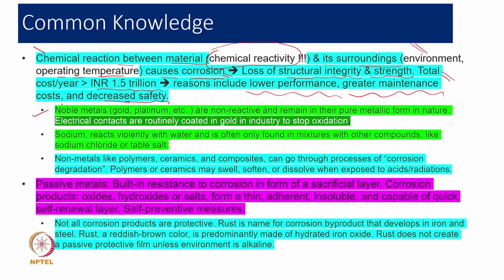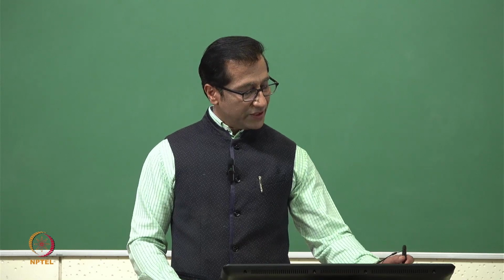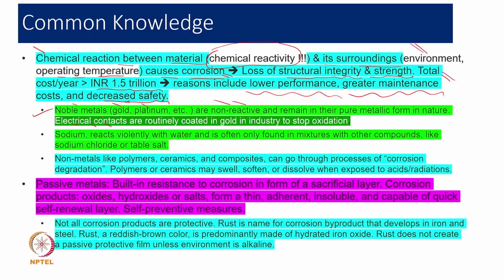We have also learned something from common knowledge. There are some metals called noble metals, like gold and platinum. They are non-reactive and don't get oxidized even when kept in nature. Because we know the nobility of these materials, electrical contacts are often coated with gold.